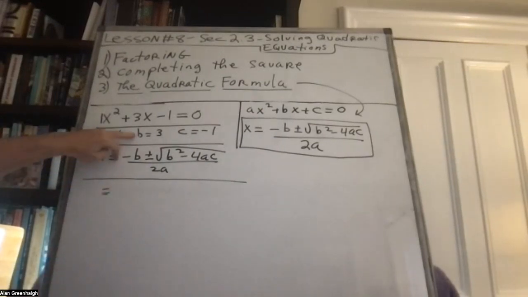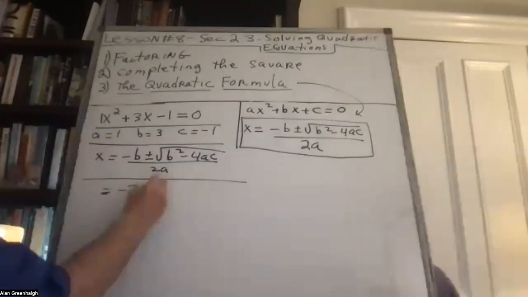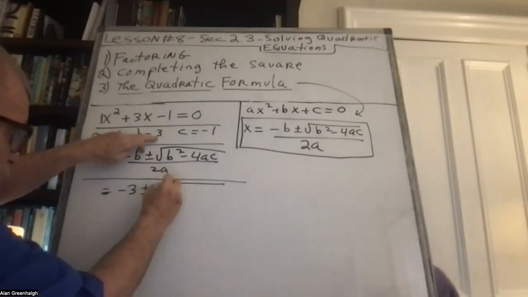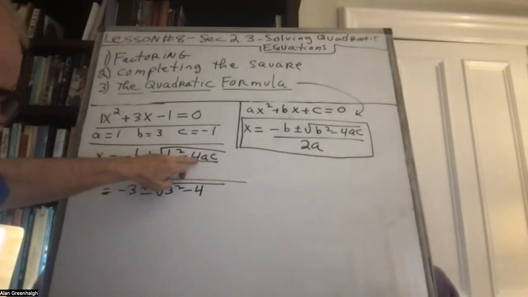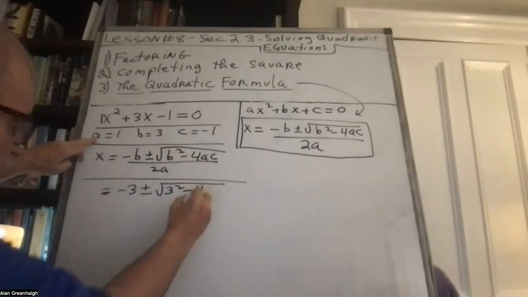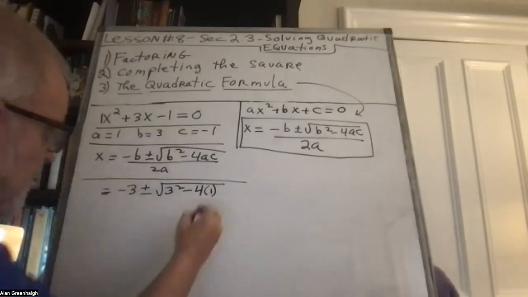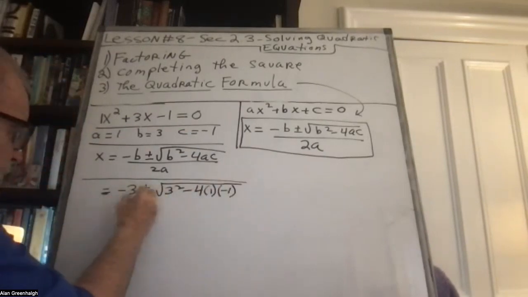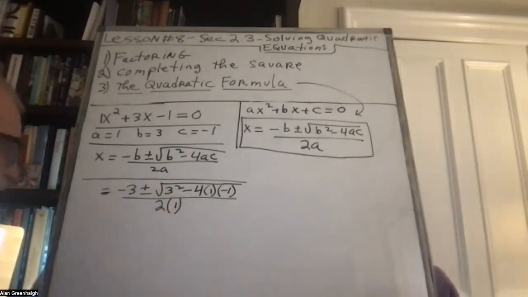So -b would be -3 plus or minus the square root of 3 squared minus 4 times A, which is 1, times C, which is -1. And everything is divided by 2 times 1.